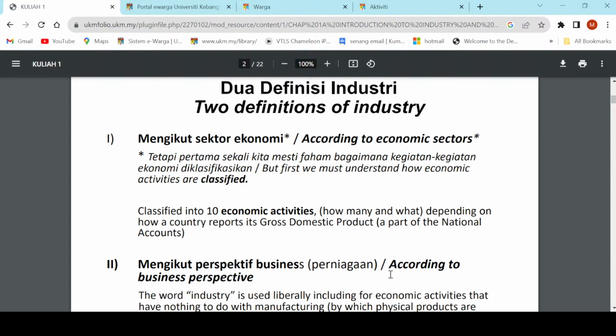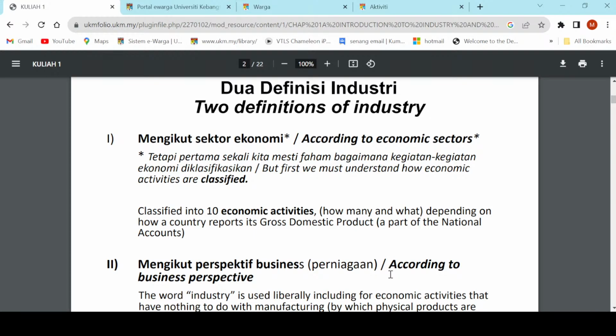But today, or more recently, in the past maybe 10 years or so, the word industry has been used not only to refer to manufacturing, but also to all other economic activities. Like I said just now, banking industry.